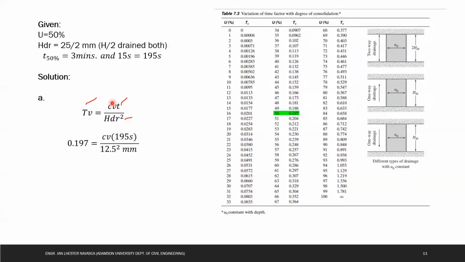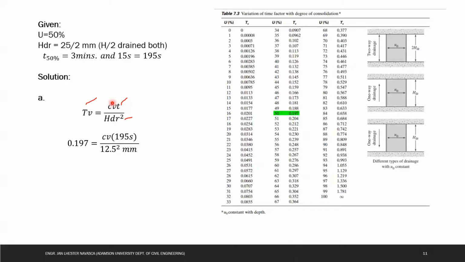So just plugging in all the values. T_v is 0.197. The time it takes for 50% consolidation is 3 minutes and 15 seconds, or 195 seconds, divided by H_DR squared, the thickness of the drainage. Since it is drained from top and bottom, that is H over 2, so that is 12.5 millimeters, squared.